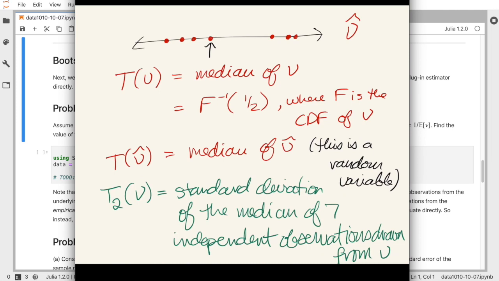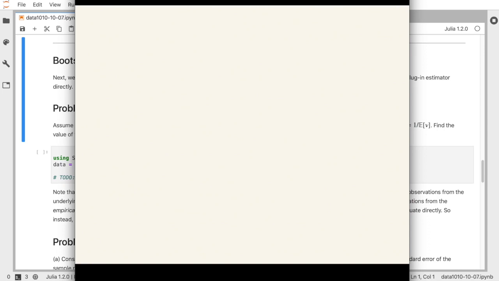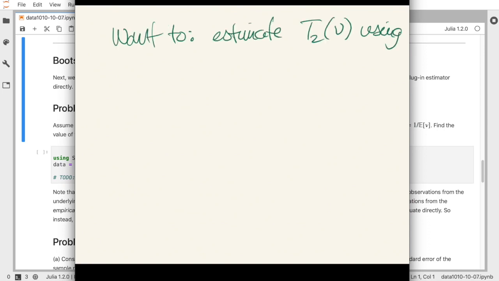We're not going to be able to feasibly evaluate it exactly, even if we want to just approximate it with its own plug-in estimator. So again, we don't know nu in this case. So what we want to do is find the plug-in estimator of this statistical functional. But even then, we're not going to be able to evaluate it exactly.